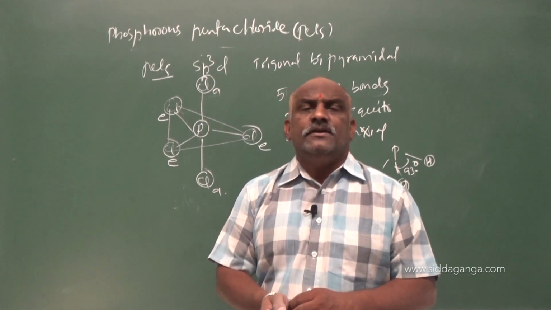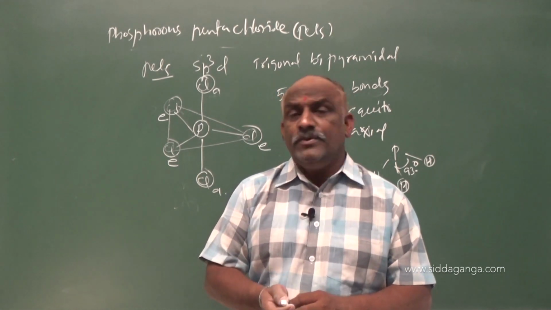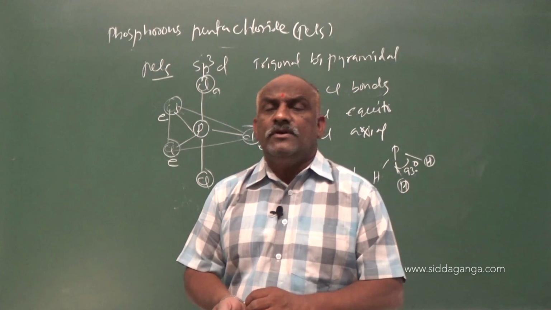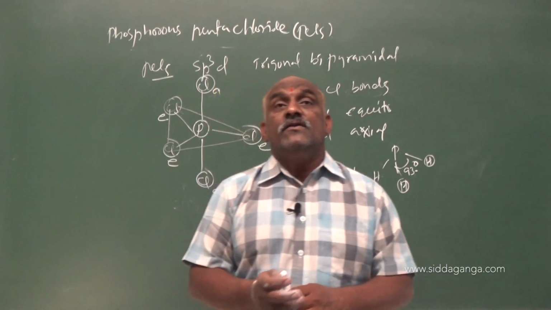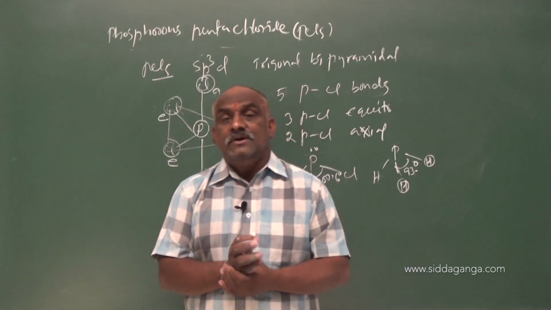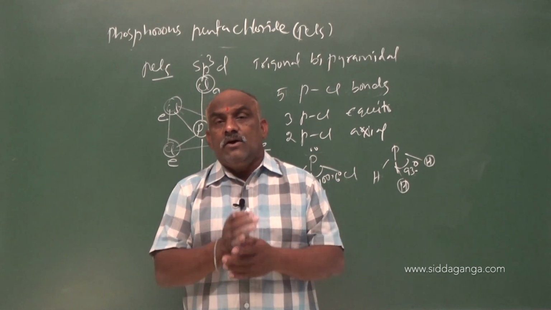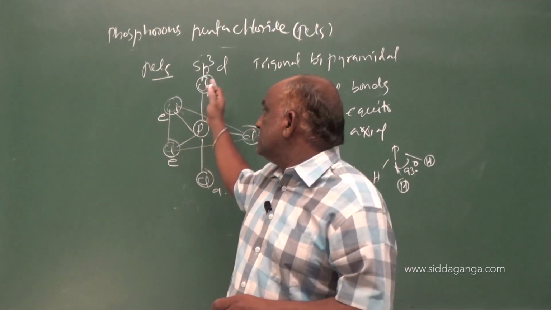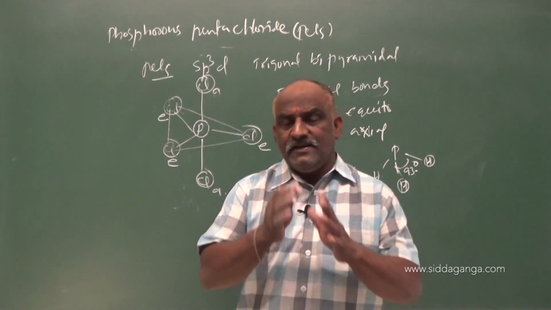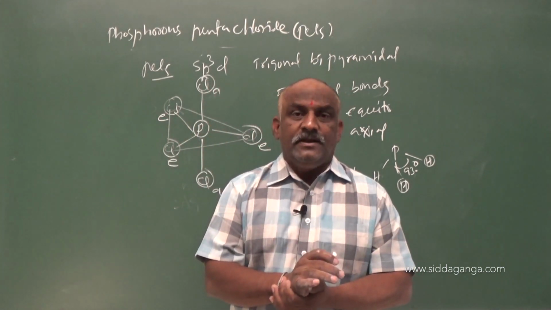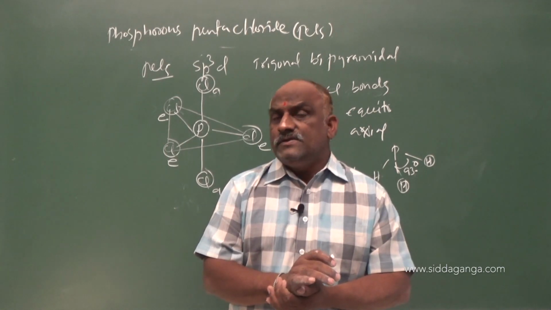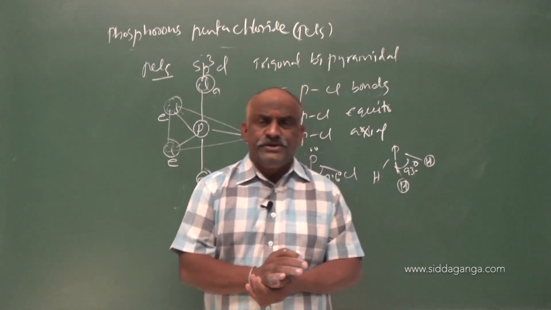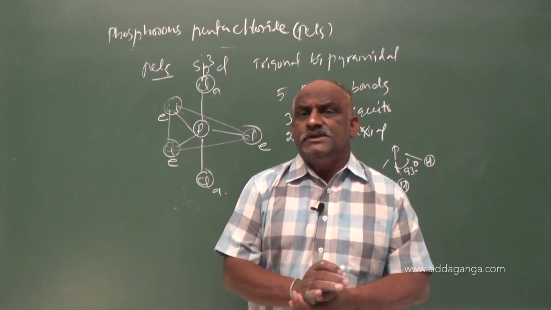3 PCl bonds are equatorial and the remaining 2 PCl bonds are axial. Axial PCl bonds are longer than equatorial PCl bonds, due to the repulsions that the axial bonds suffer. Clear it is. This was the information regarding phosphorus pentachloride.